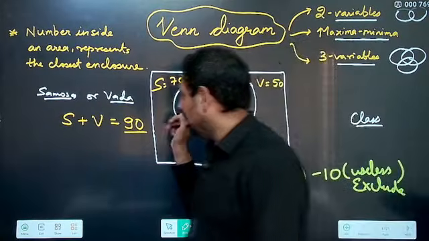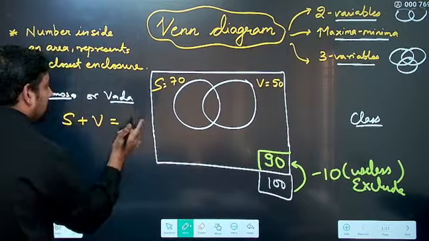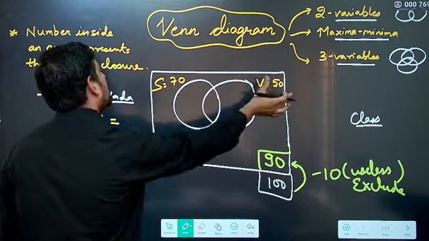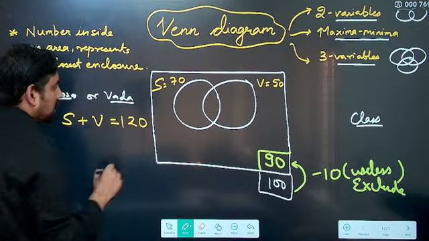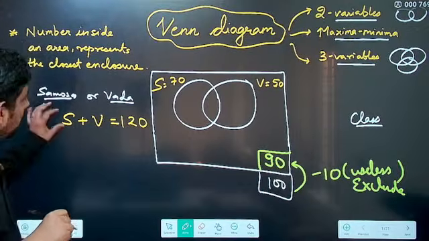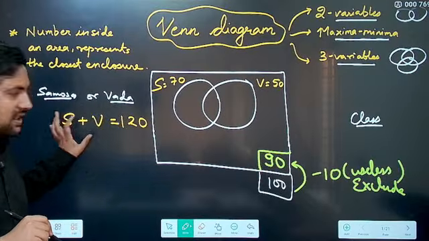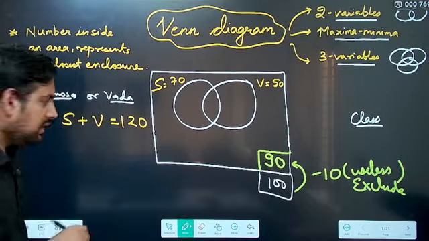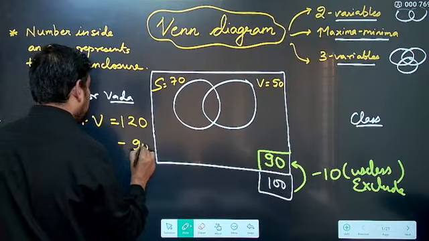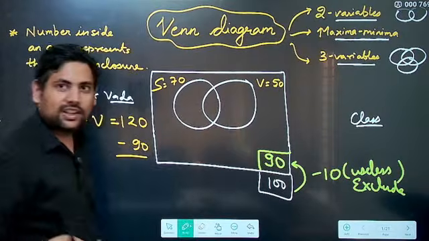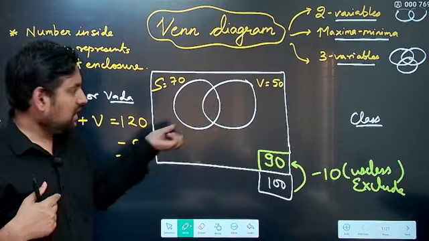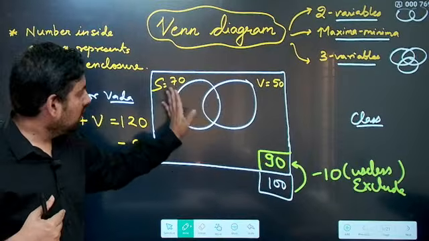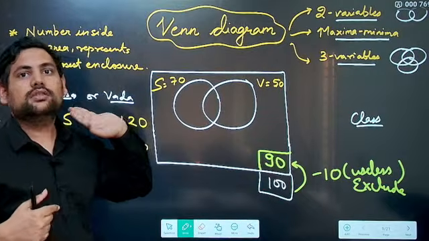Because very clearly, if you add the number of people who had samosas and vada, 70 plus 50, this is 120. So 120 is coming as the sum of samosas and vadas, while ideally it should have been 90 if nobody was eating both of these. So this intersection actually represents those people who had samosa as well as vada.